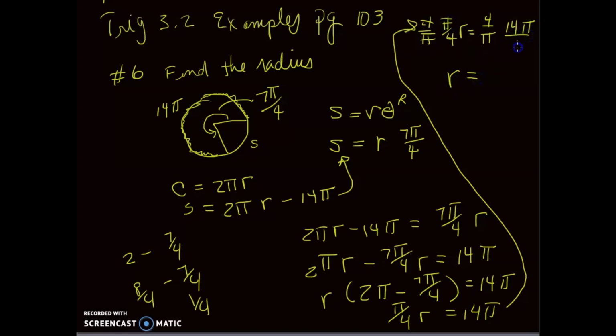And this is over 1, so this pi cancels that. 4 times 14 is 40 and 16. If you're doing that multiplication in your head, 4 times 10, 4 times 4, which is 56. They don't give us any units, so r equals 56.